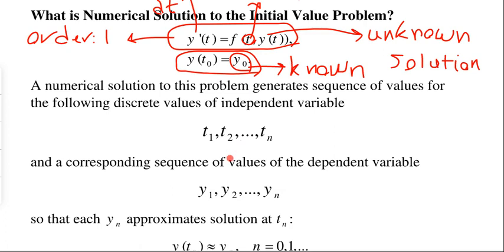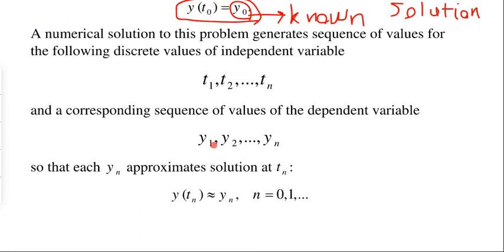These are some discrete values of the independent variable t. We want to obtain these values y1 to yn, and these values will approximate the unknown function y at these discrete points.